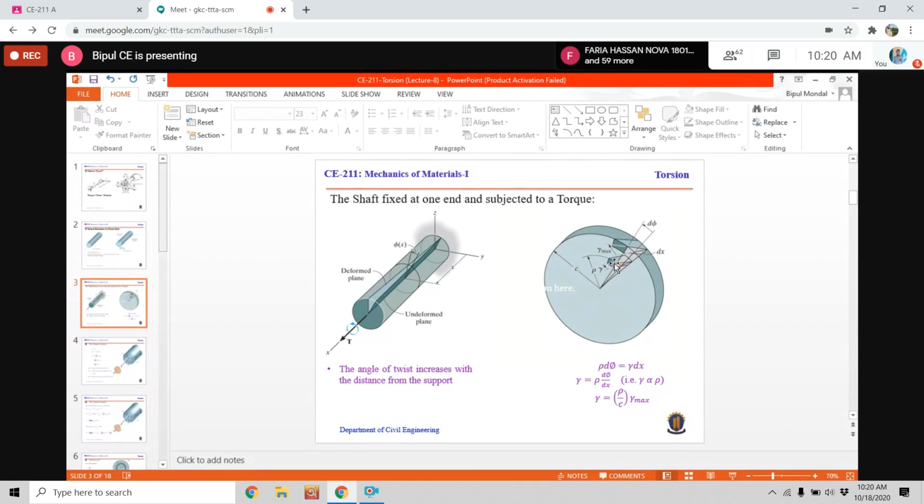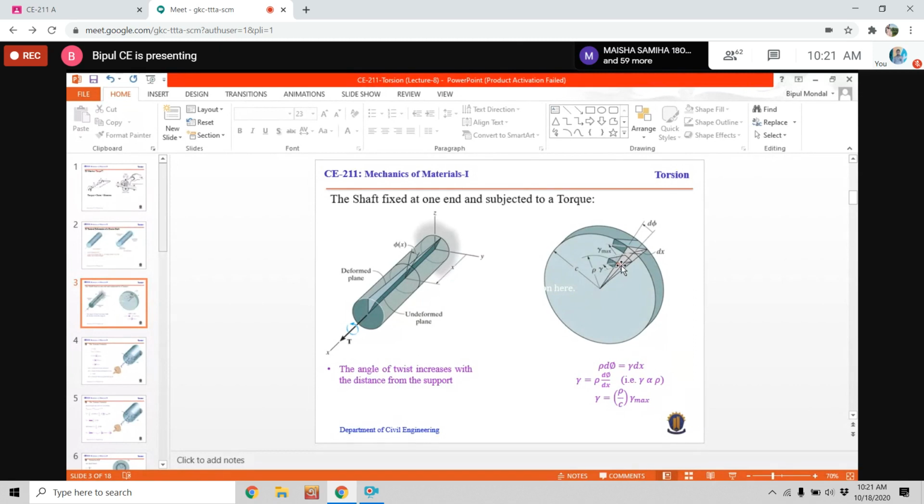Okay, and if we look at this element, then we can write rho d theta. That means this red line. Do you see the red line on the second figure? Yes, sir. Okay. So this red line indicates the deformation due to the applied torque. And this phi is the angle of twist, and the distance of this red line is rho from the origin.